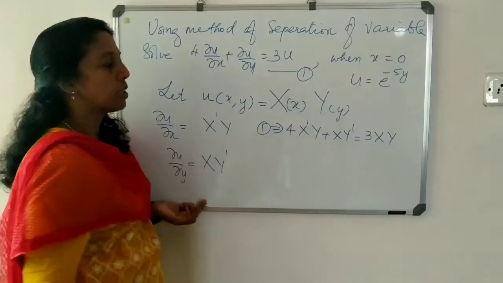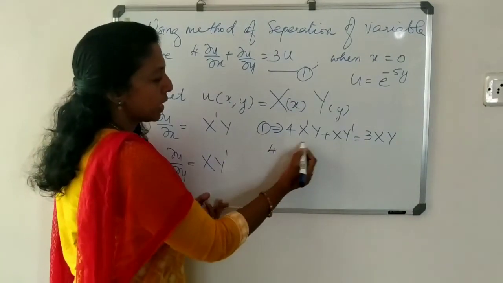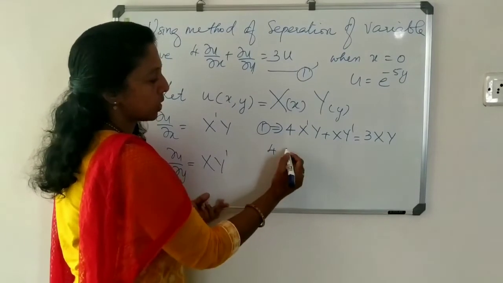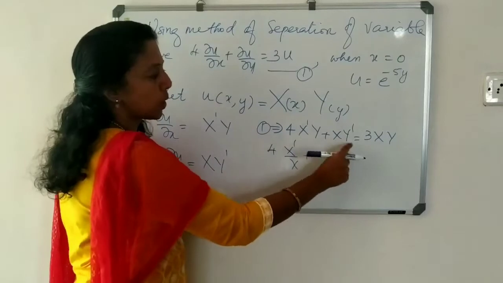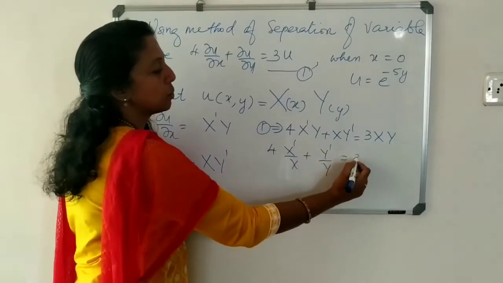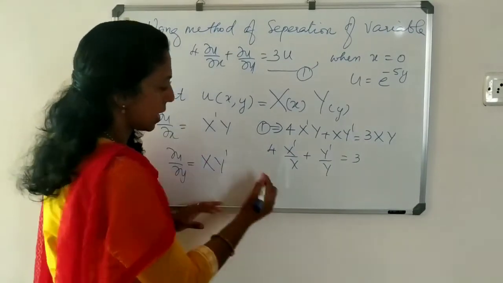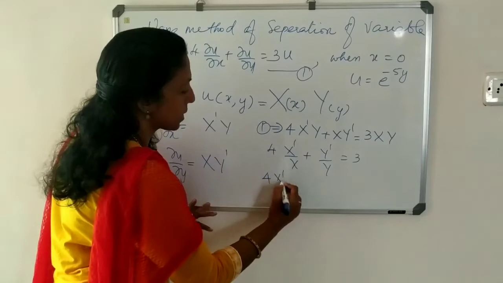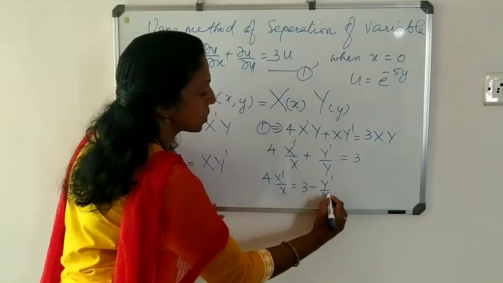Now we will divide throughout by capital XY. So this becomes 4 X'Y/XY, which is X'/X, plus XY'/XY, which is Y'/Y, equal to 3. Now we will rearrange this as 4 X'/X = 3 - Y'/Y.